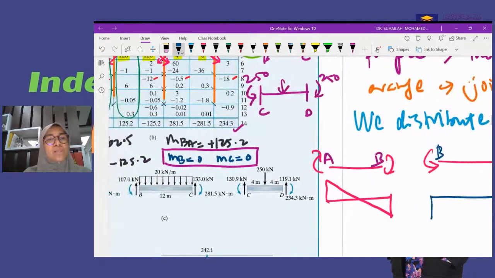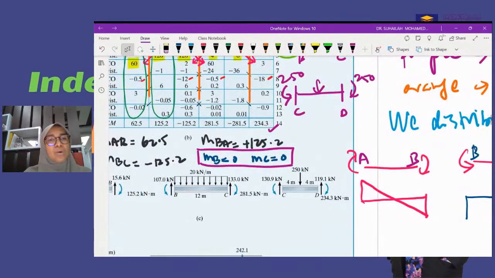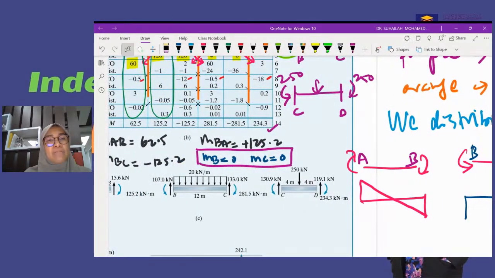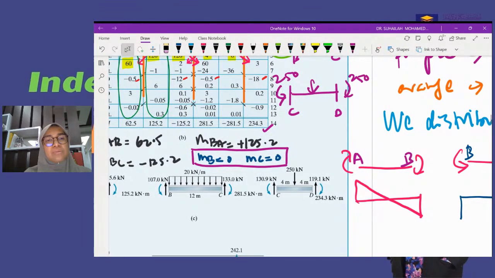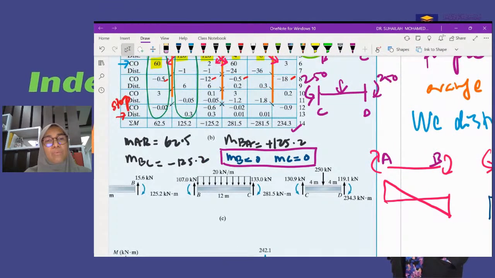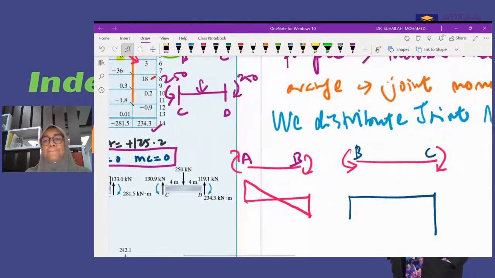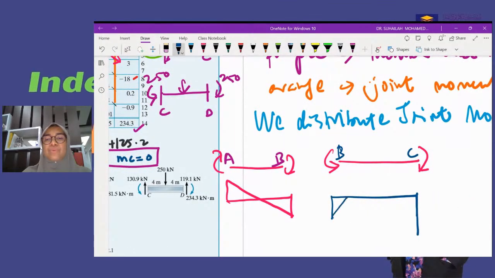The values are 125.2 and 281. The maximum moment at this point can only be determined using the shear force diagram.